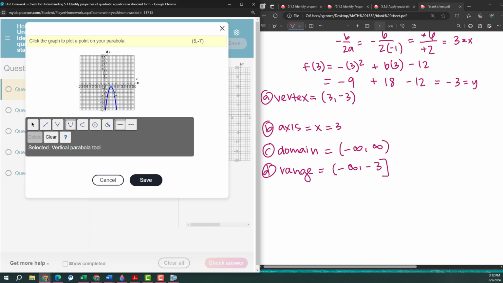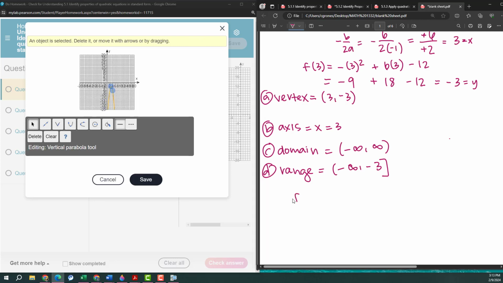So let's plug in. Let's look at where x equals 4. F of 4 is going to be negative, and I've got 4 squared plus 6 times 4 minus 12.